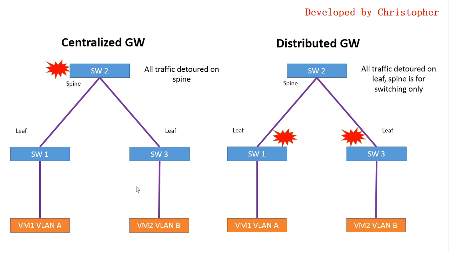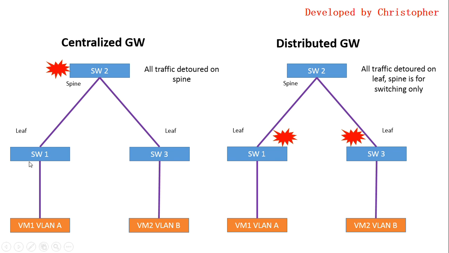For example, the leaf and the spine utilize 100 Gigabit Ethernet interfaces to connect with each other. On the other hand, the spine switches, such as the Huawei CloudEngine 16800, are very high performance, similar to traditional aggregation or core switches.